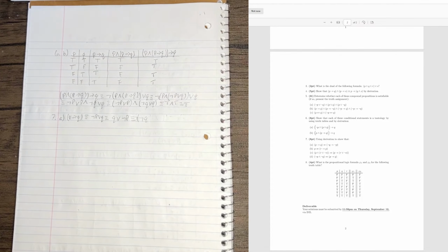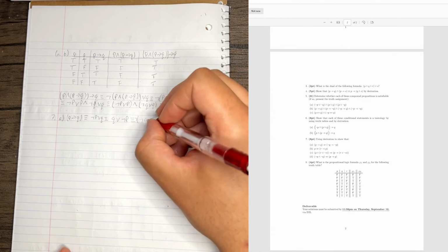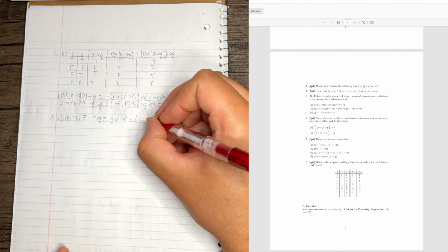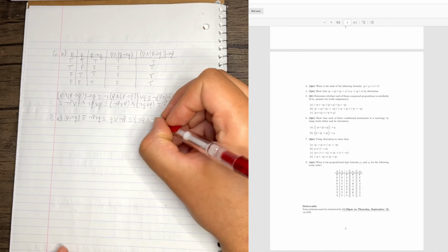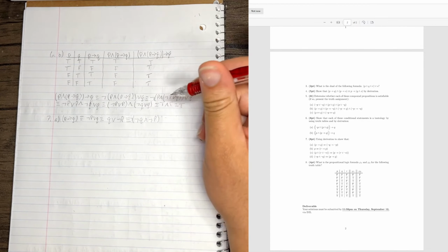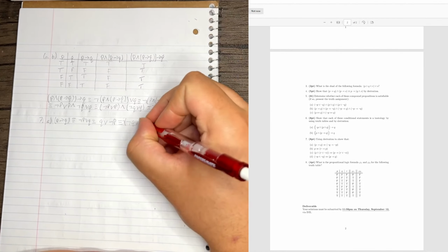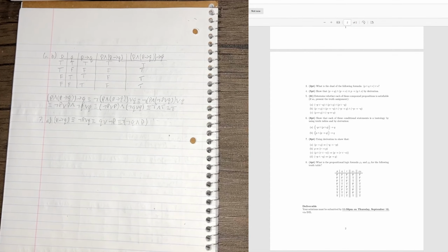Maybe I did need to. I feel like, yeah, I think that's right. Not Q. Right? No, that would be positive. Just regular P. That doesn't seem right.